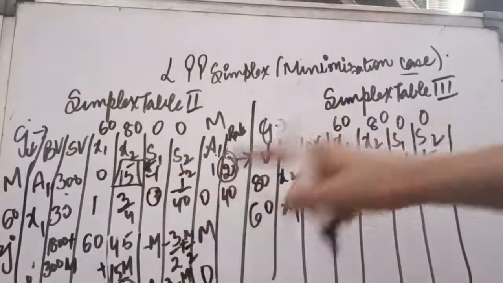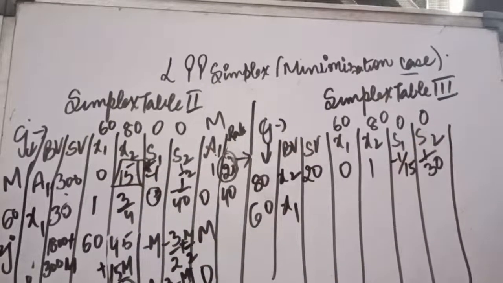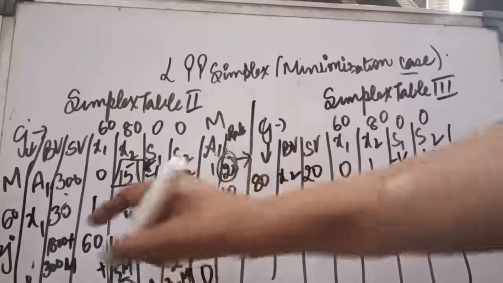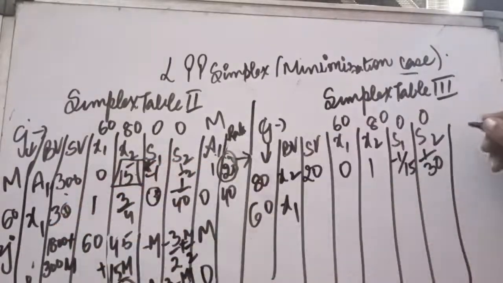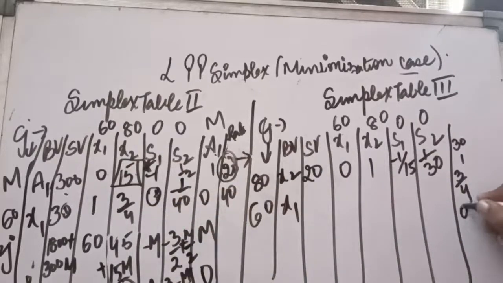Now the second row is our index row in which the key element is not there. So we have to apply that formula that we have done. The formula is old elements. Now what are the old elements? 31, 3 by 4, then 0, minus 1 upon 40. For A1 we are leaving because we need not fill this.